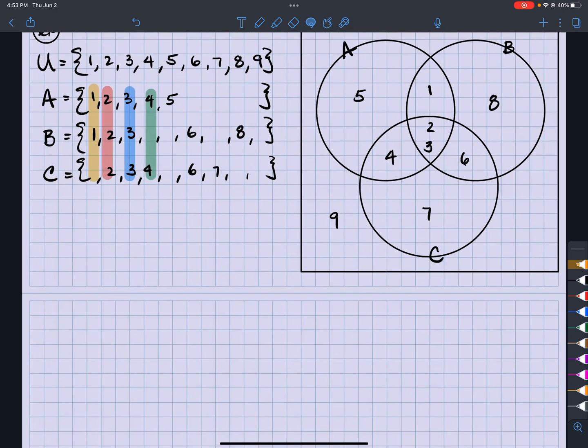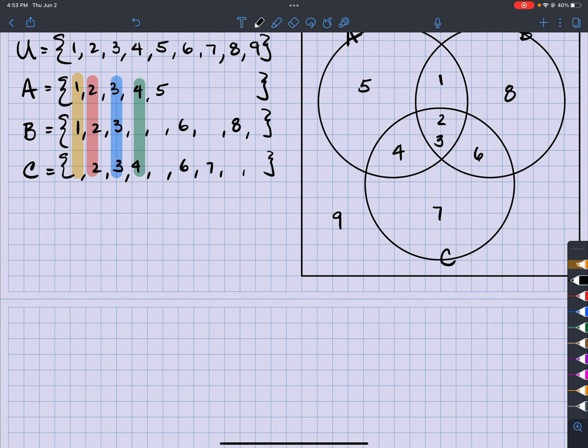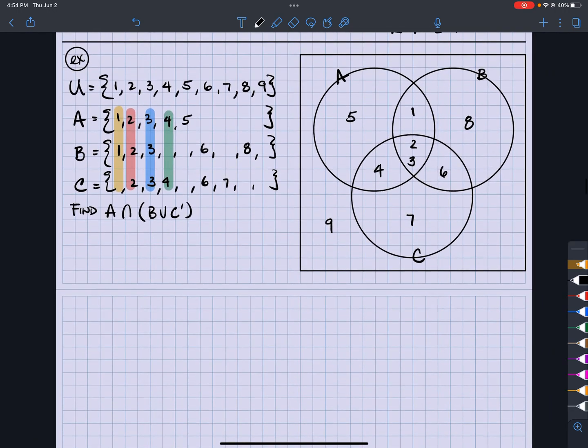What it's asking for is for you to find A intersect with B union with not C. Okay, so let me do this here.